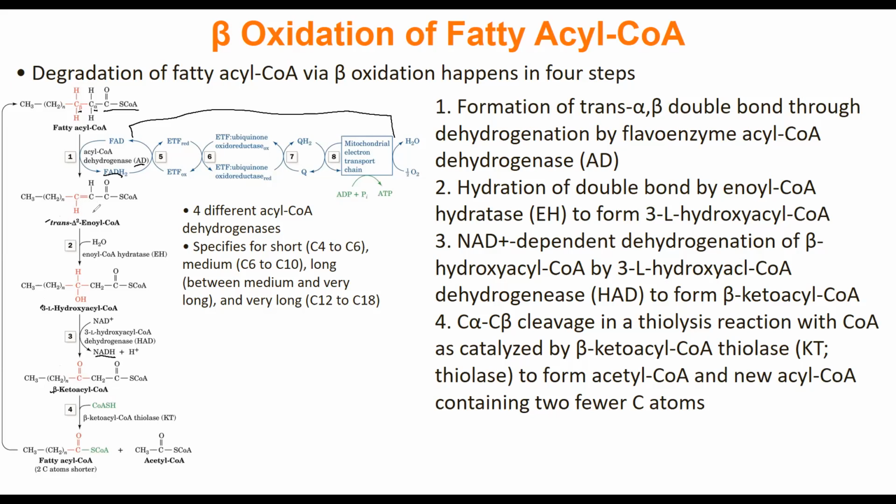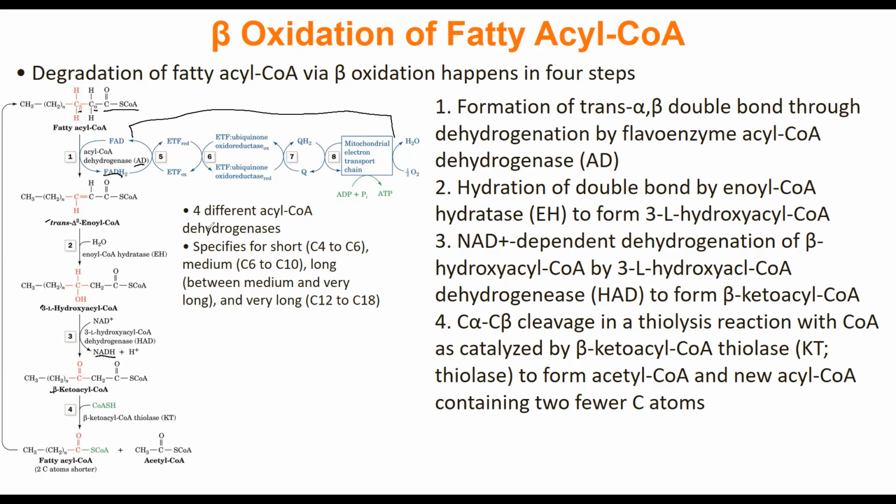Rather, if you know the structures, what's happening structurally, and you know what enzymes are doing it, that's what I'm mainly interested in you knowing. So first, we have a dehydrogenase to make FADH2. That can go on the electron transport chain. So from the first step, we have energy already.